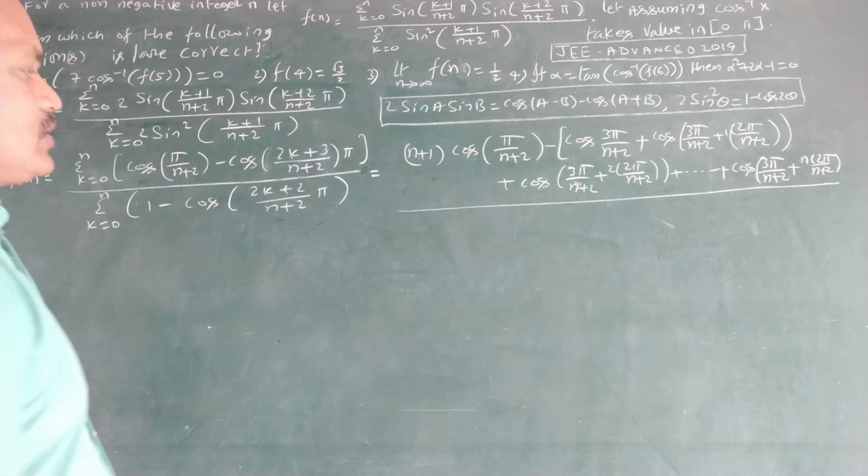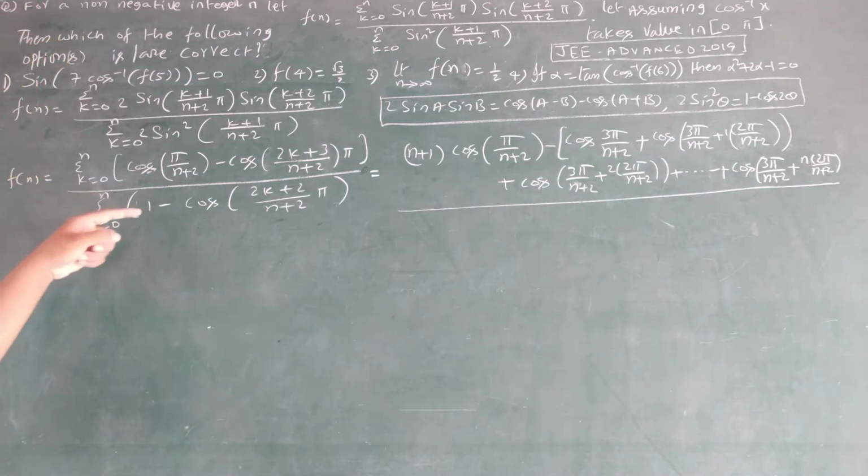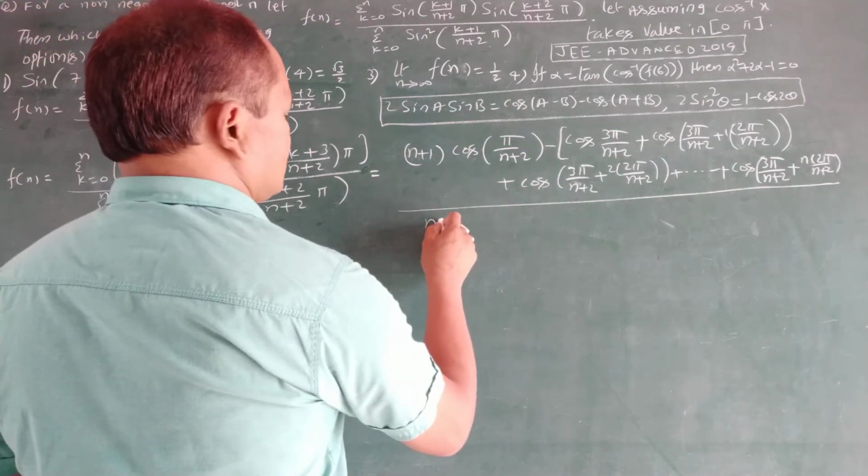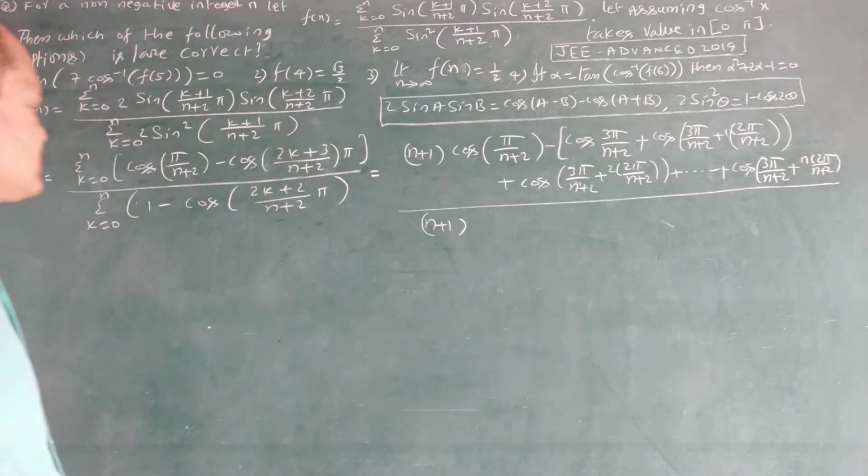Now in the denominator also, the same: the sum over k = 0 to n of 1 gives n + 1 terms.